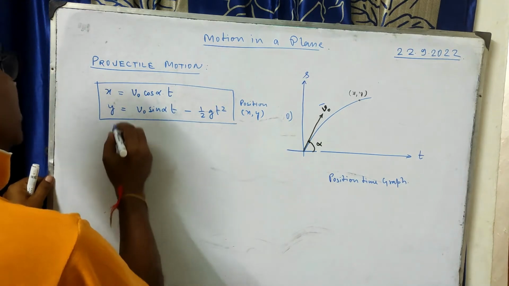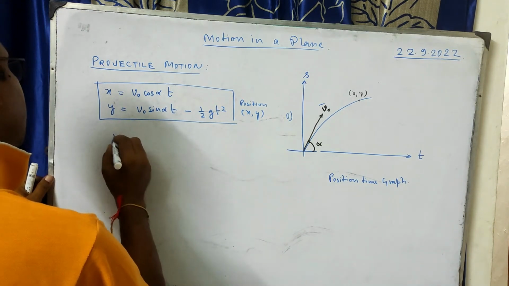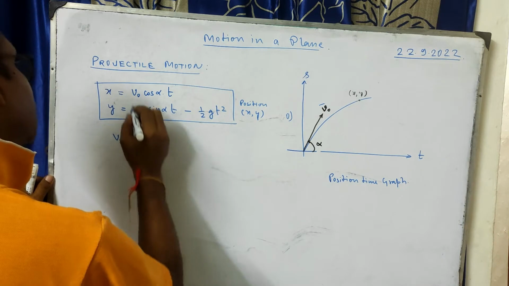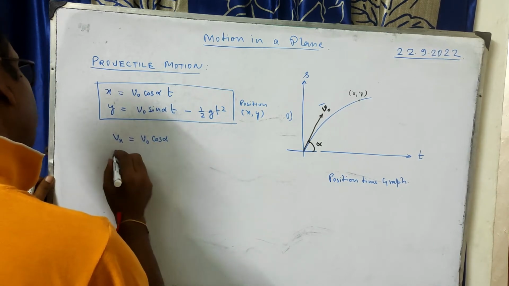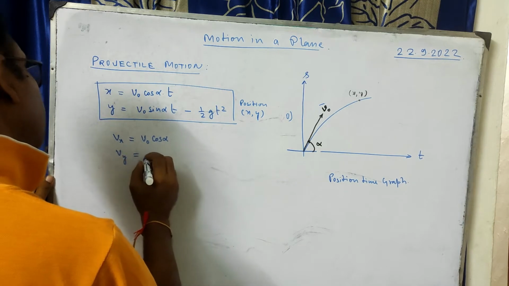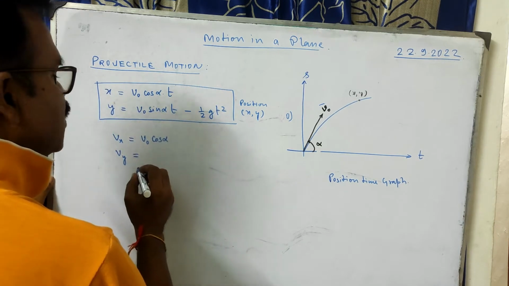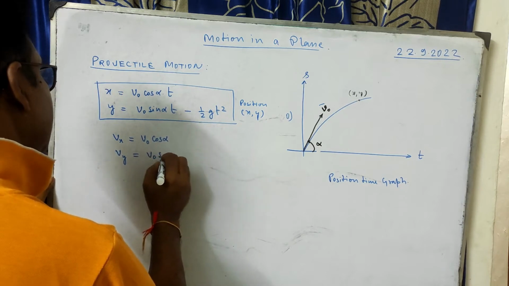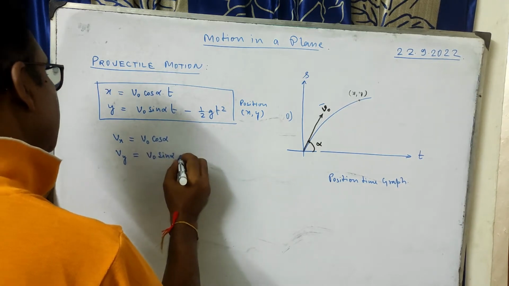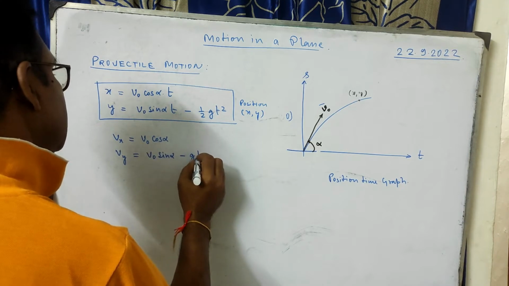Then we have found the velocity. Velocity was what? Vx was the same thing, V0 cos alpha, it is not going to change, right? And Vy was what? Using v is equal to u plus at, it is V0 sin alpha minus g t.